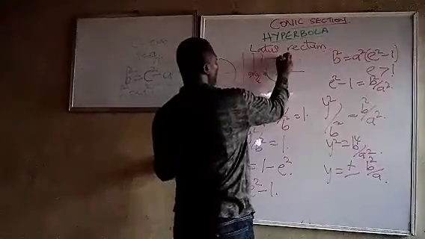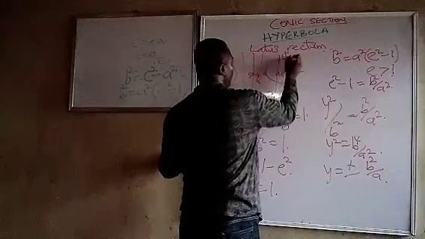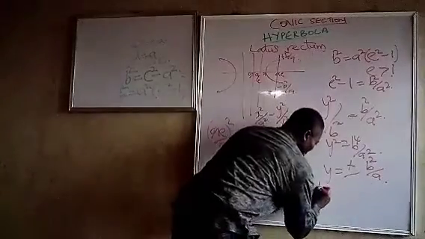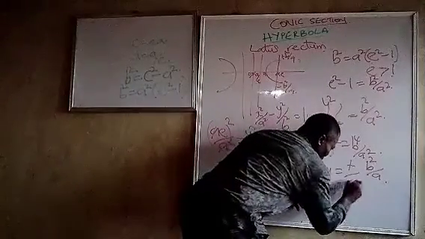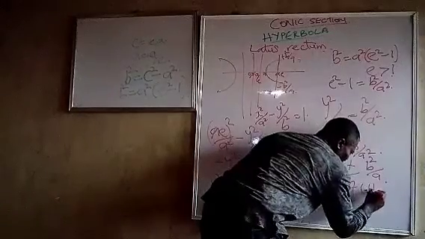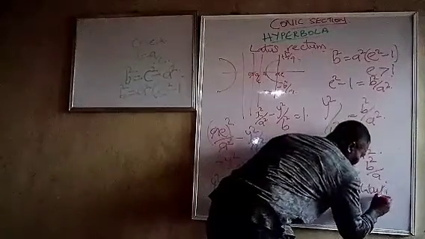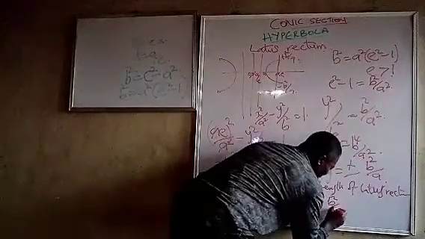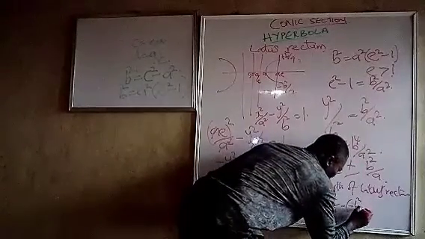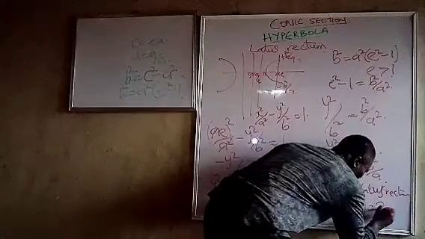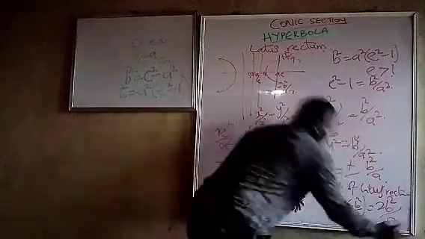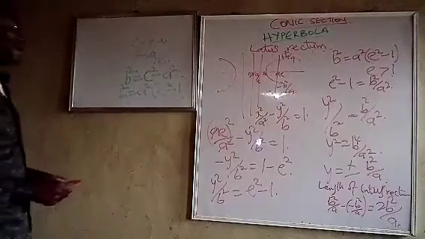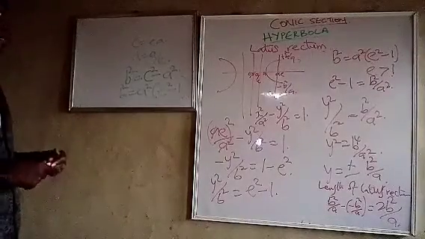So this point will be plus b squared over a and minus b squared over a. So what is the distance now? The length of the lattice vector will be equal to b squared over a minus (minus b squared over a), which is equal to 2b squared over a.